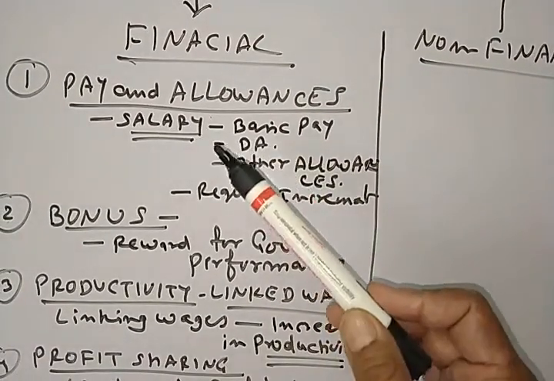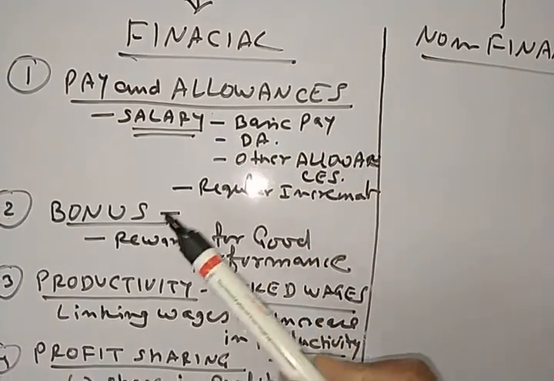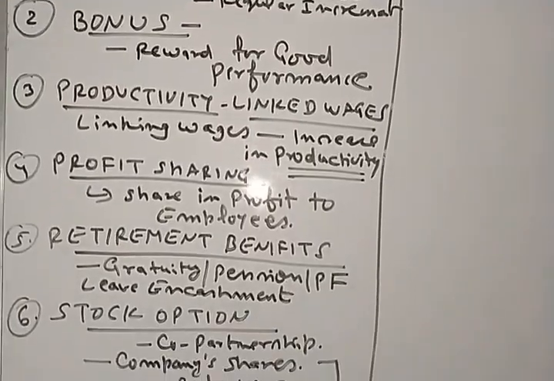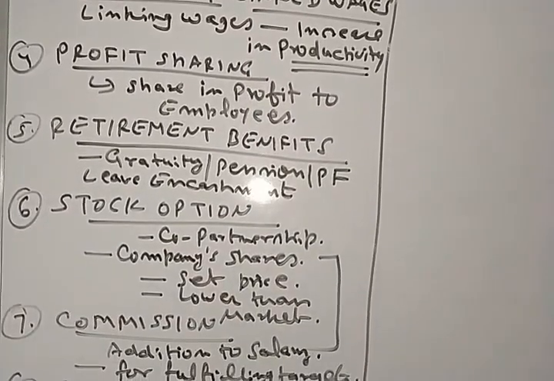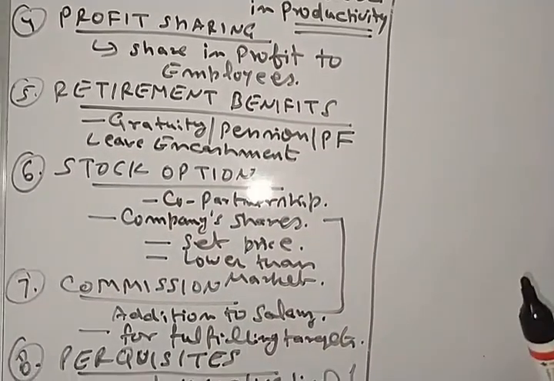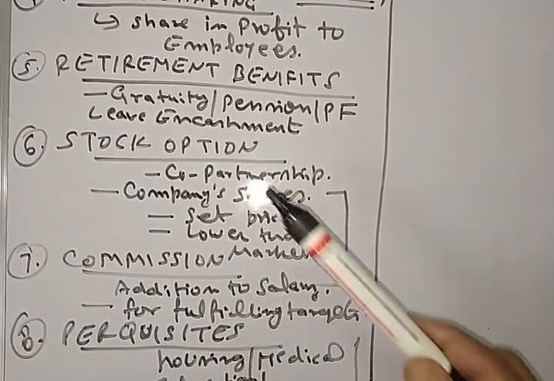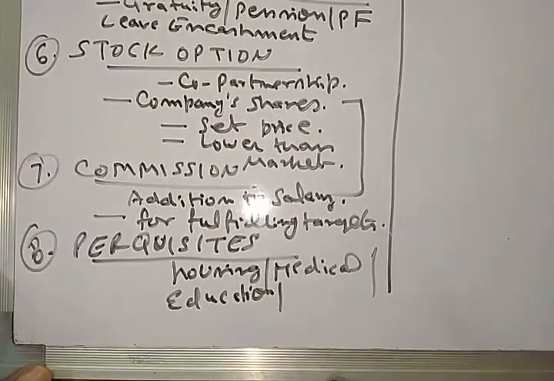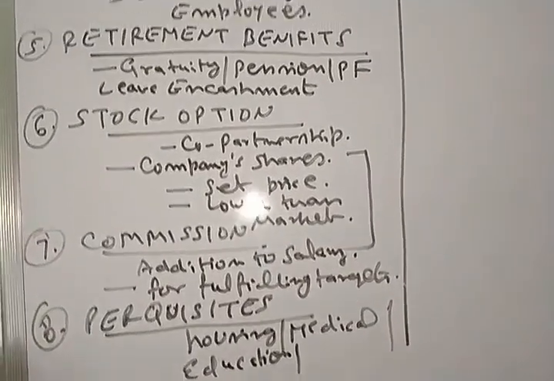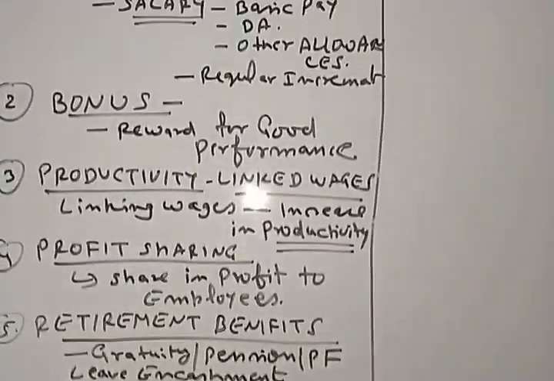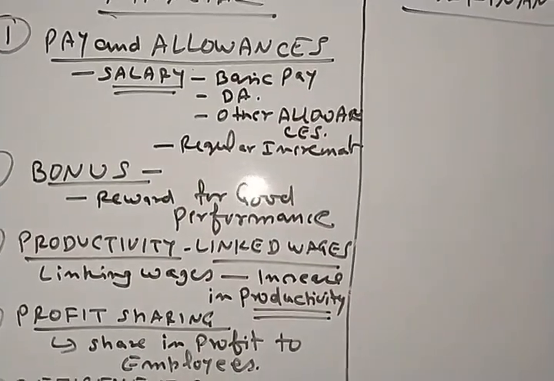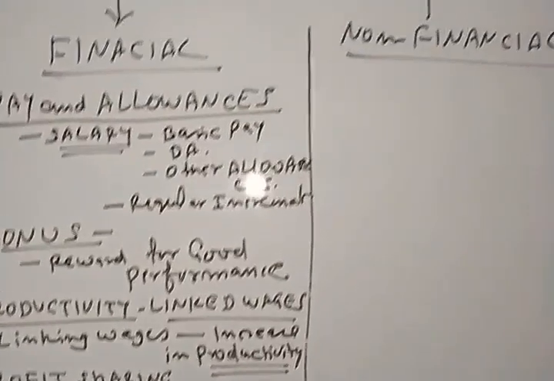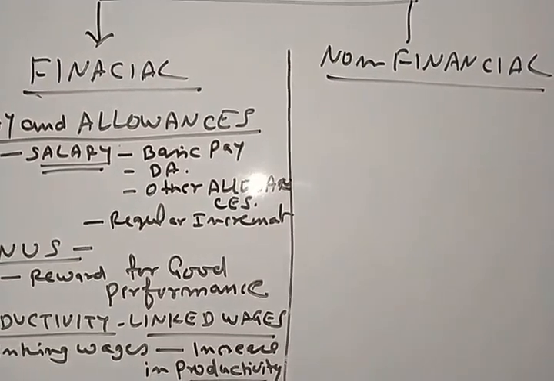I repeat once again all the points: pay and allowances, bonus, productivity linked wages, profit sharing, retirement benefits, stock option, commission, and perquisites. So we have discussed these 8 financial incentives. Now let us see what non-financial incentives are.